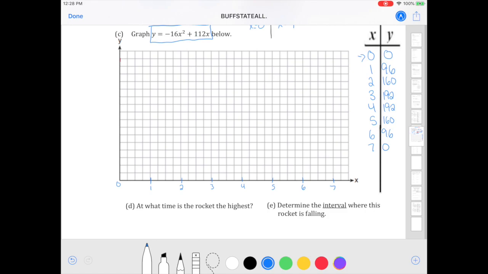So if you looked at my answer key already, I counted up by 20s, and you absolutely can. 20, 40, 60, and so on with each tick mark. But what I'm trying to show you is 96, 160, and 192 are all multiples of 16. So if you count up by 16s, it'll be much nicer for you to graph in the end.